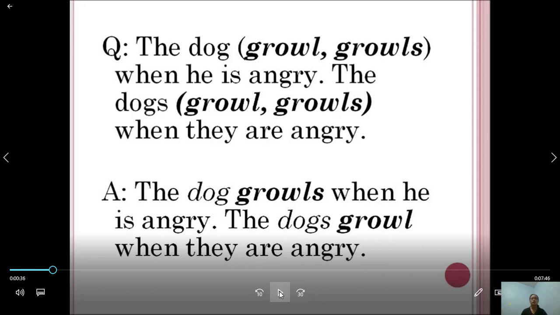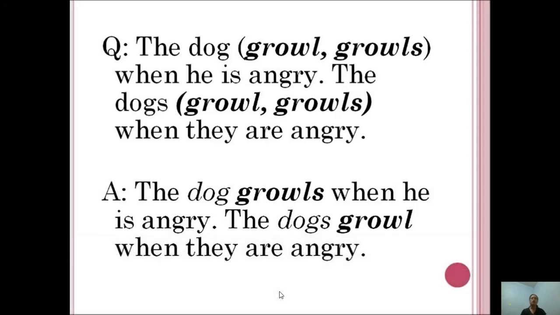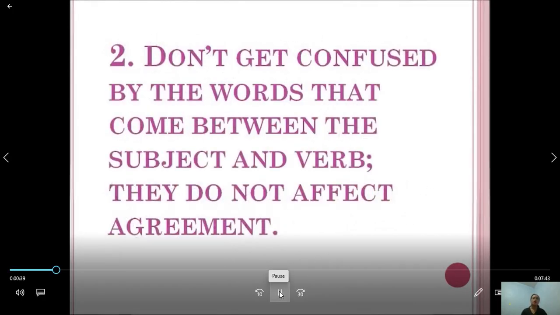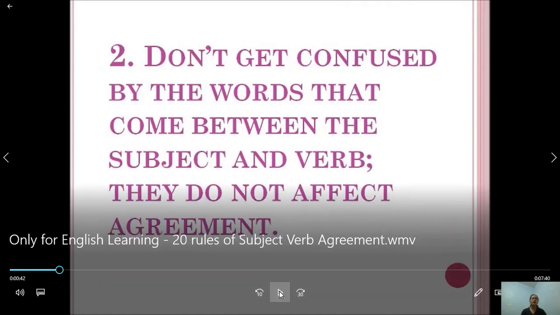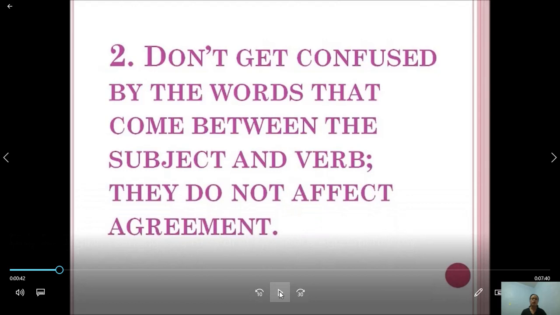In the first statement, the subject is singular, so it requires a singular verb. Then in the second statement, the subject is plural, so it requires a plural form of the verb. So that is the first rule. Second, don't get confused by the words that come between the subject and verb.